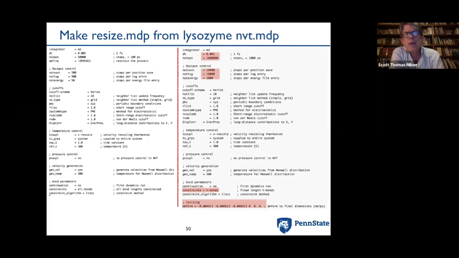So here's a before and after comparison of the lysozyme nvt.mdp file, and then the changes made highlighted in red to the resize.mdp file, right? And you see the point. I think I mentioned this before: this file is totally free form. You can put these options in any order.